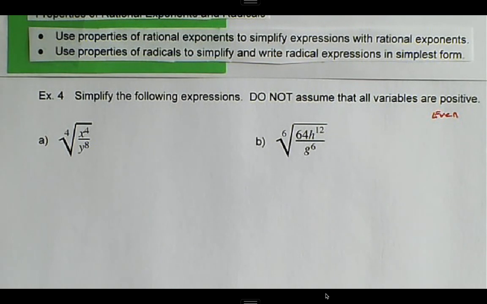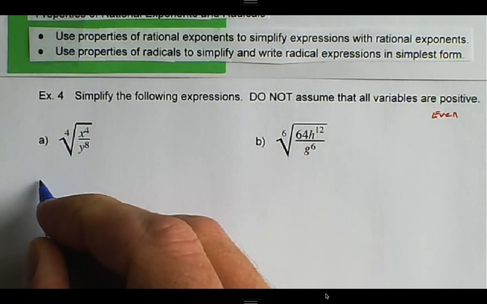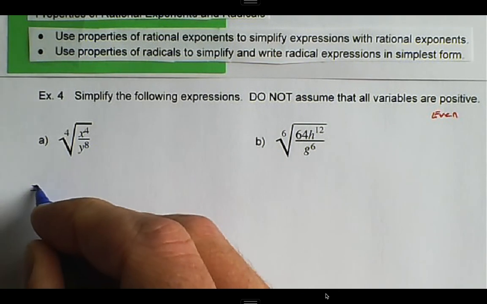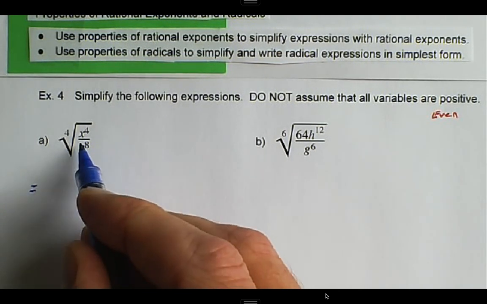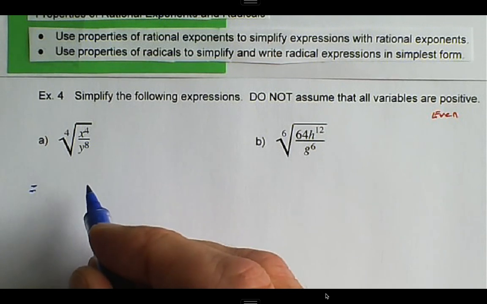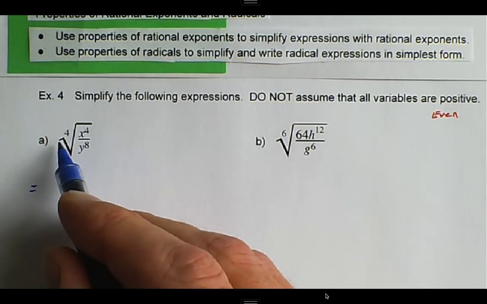So the first example here we have is the fourth root of x to the fourth divided by y to the eighth. And so we want to try to take those things out of the radical, so we want to have them in versions that we can take out.